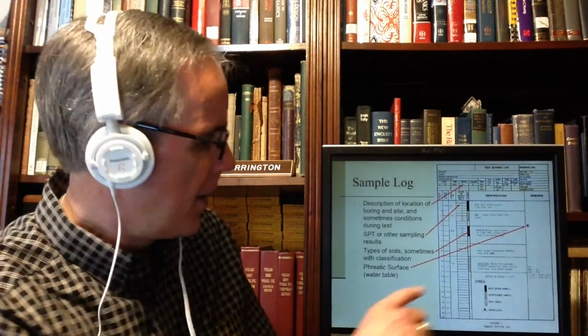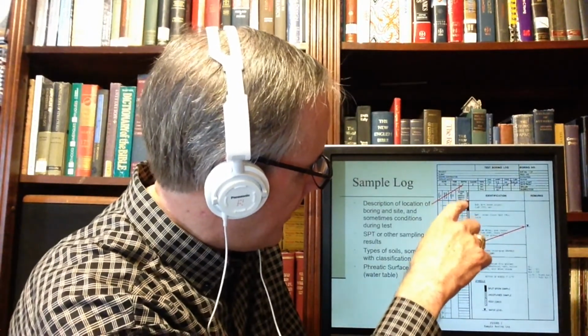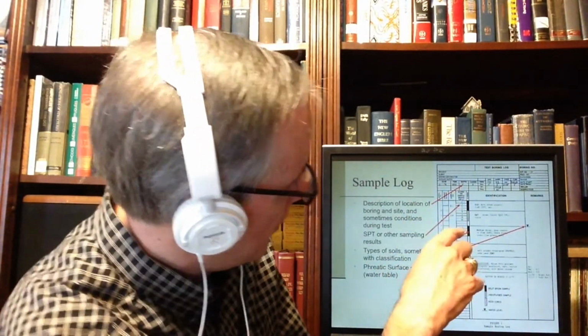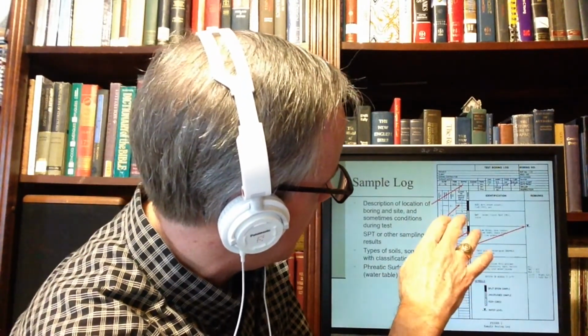This is a slightly more detailed sort of boring log. One of the things you'll see is there are certain conventions on boring logs, but nothing really hard and fast. So for example, on this boring log, the SPT values are listed this way. And you see here where it says it was pushed.